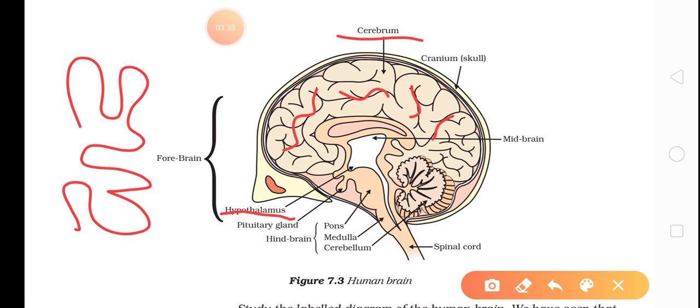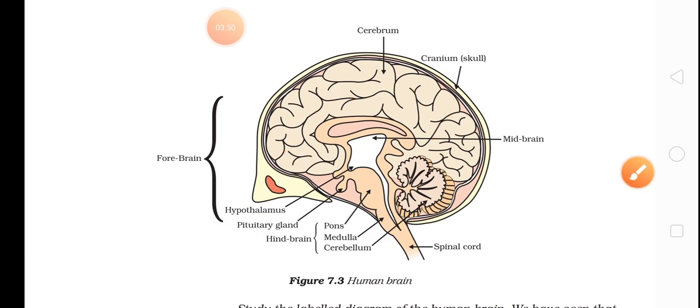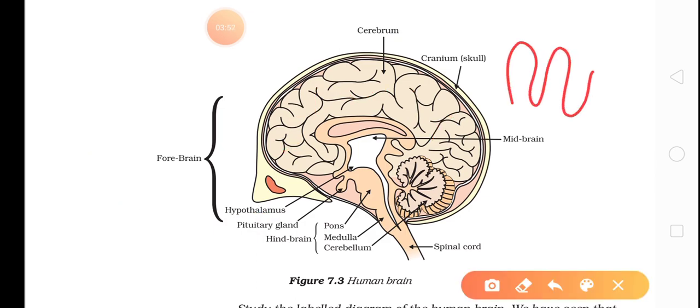As the surface area is increased, more and more nerve cells can come in contact with this cerebrum. So with this folding, the surface area gets increased.